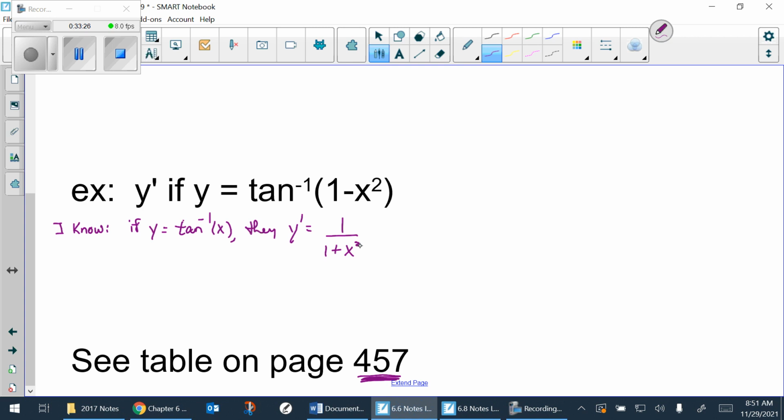So, what am I going to do here? If y is equal to the tan inverse of this thing, then y prime is equal to 1 over 1 plus, looks like that thing is supposed to be squared, doesn't it?